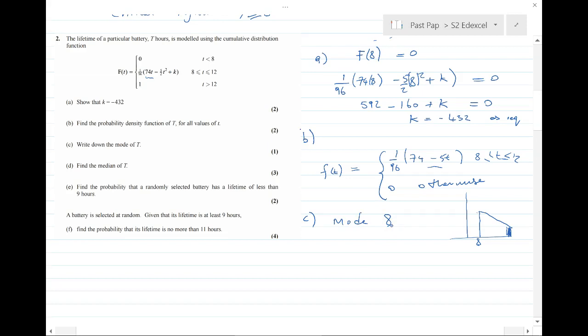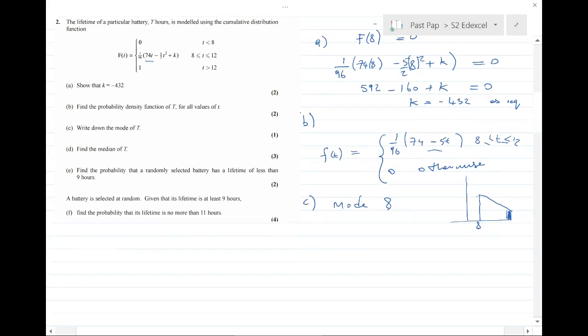Okay, now the median, there's going to be a bit more work involved for this. We either integrate this and equate to 0.5, integrating between the appropriate limits, between 8 and the median. But since we've got a CDF, we might as well use that, I think. So we're equating this to 0.5, knowing k is minus 432.